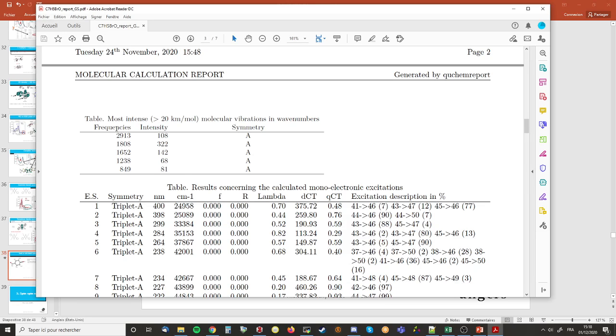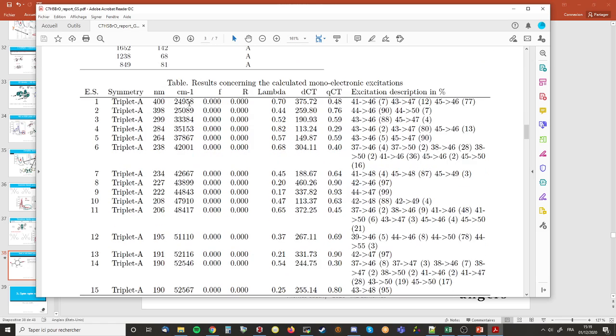The most intense molecular vibrations in wave number are also a result that comes from the frec.log. Beware that the values here are not scaled. Usually, if you want to compare with experimental data, you need to do a multiplication.